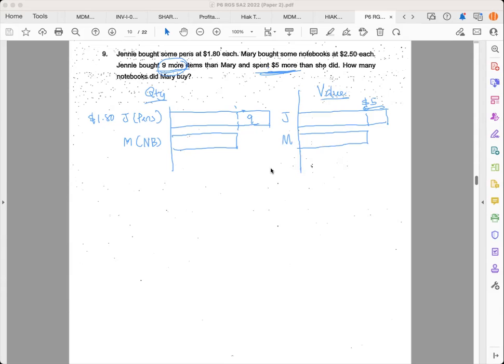Now, the first thing we do is remove these 9 pens from the quantity so that Jenny and Mary will have the same number of items. The value of 9 pens will be 9 times 180. That gives you $16.20. The price of a notebook is $250.